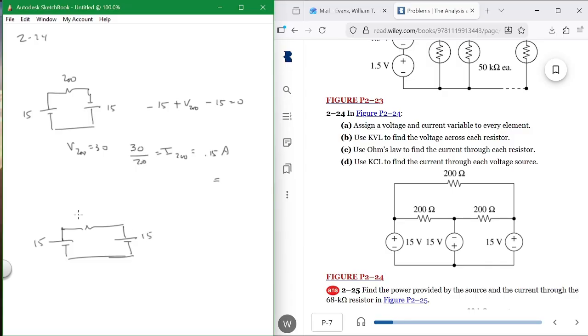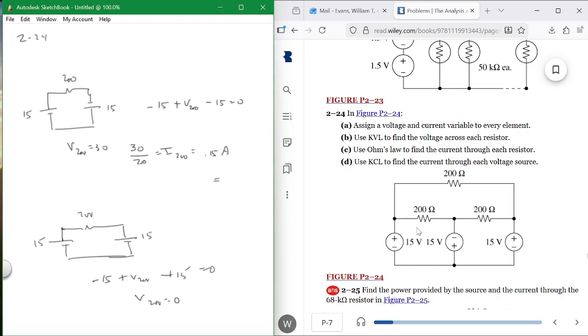Plus 15. So here's my 200 up here. I'm marching up, minus 15 plus V200 here, plus 15, because I'm coming in from the plus side, equal to 0. Voltage across the 200 here is equal to 0. So there's no current going through that one.